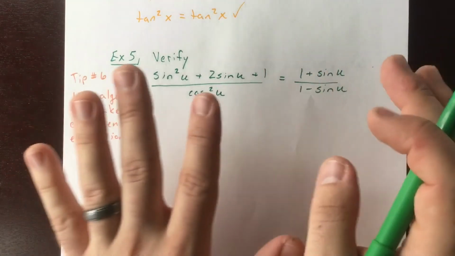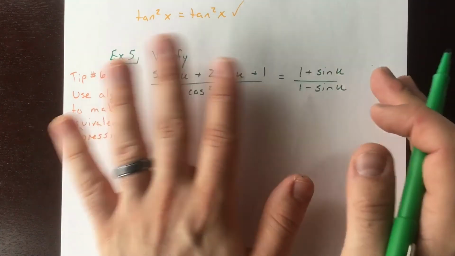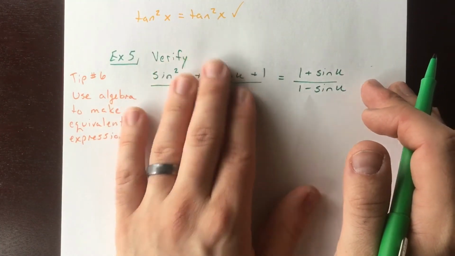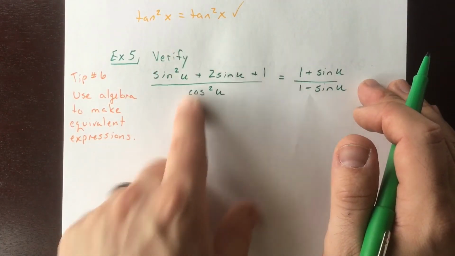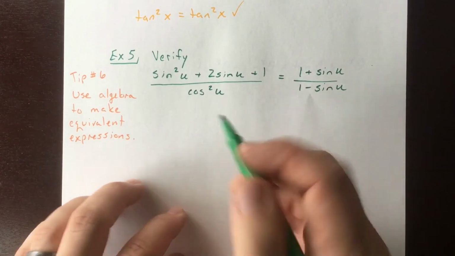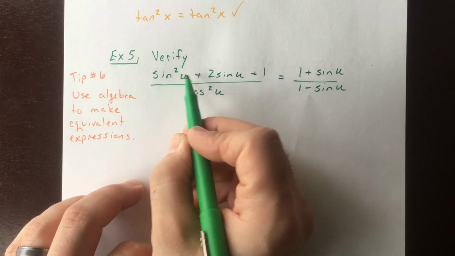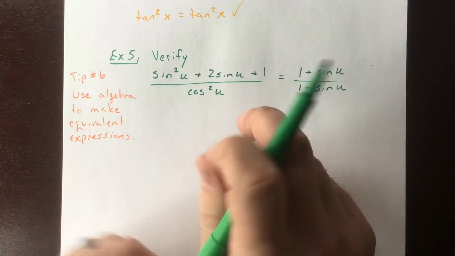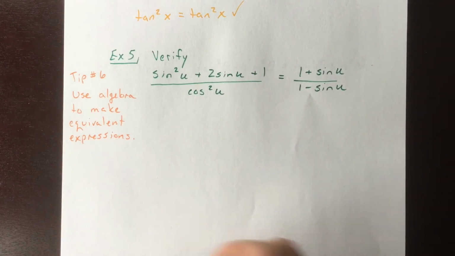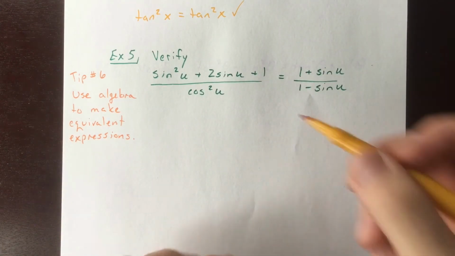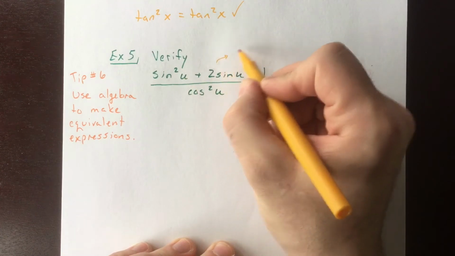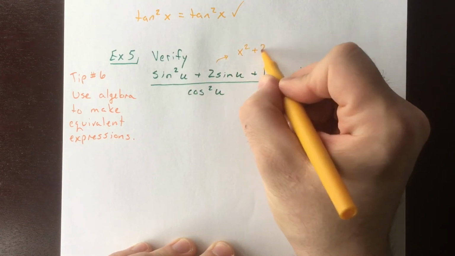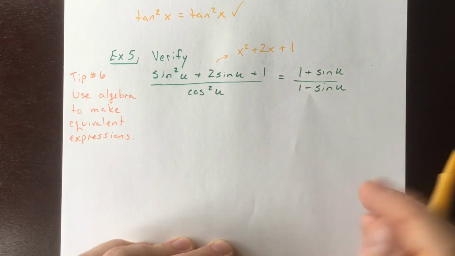For example, I want to tackle the left side because this looks like the more complicated side. But when I look at sine squared of u plus 2 sine u plus 1, what I'm seeing, maybe hopefully you are as well, is x squared plus 2x plus 1.